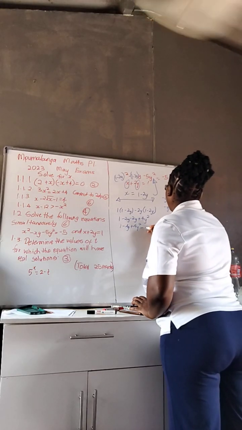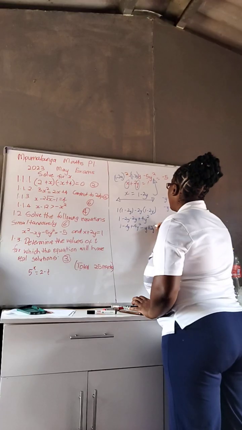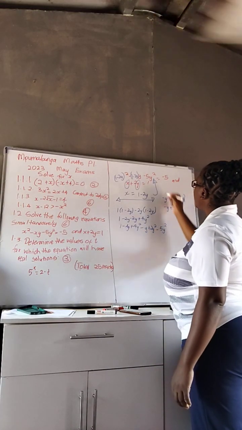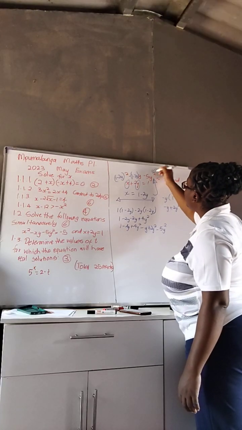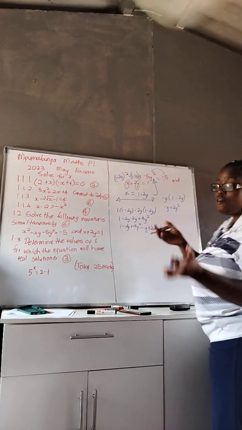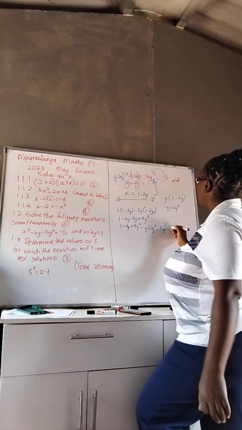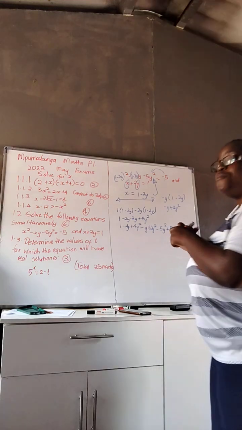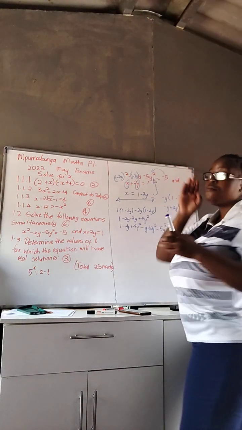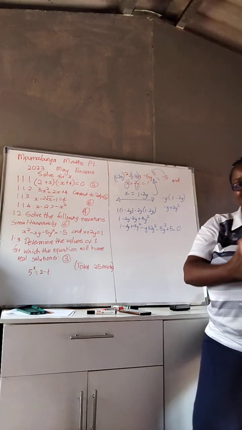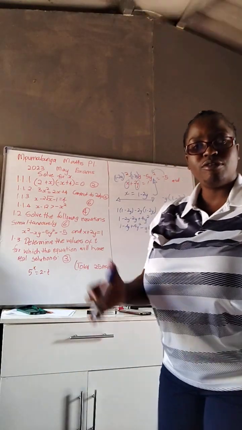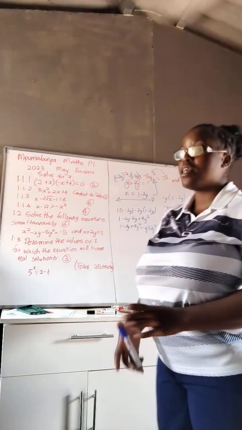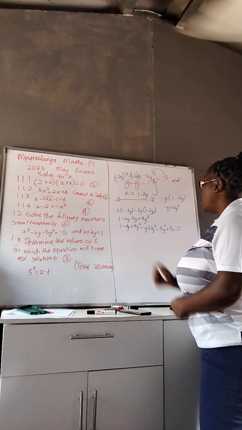And then minus 5y squared, and then this negative 5 to the other side is going to be positive, so it's plus 5 equals 0. So make sure that the substitution is correct. Double check if you have to, because if you miss out on one part, then everything is just going to be a mess.